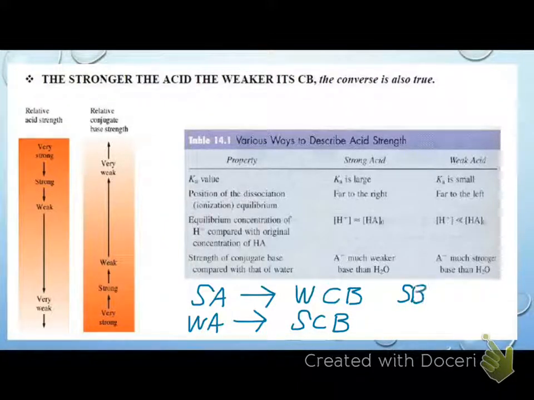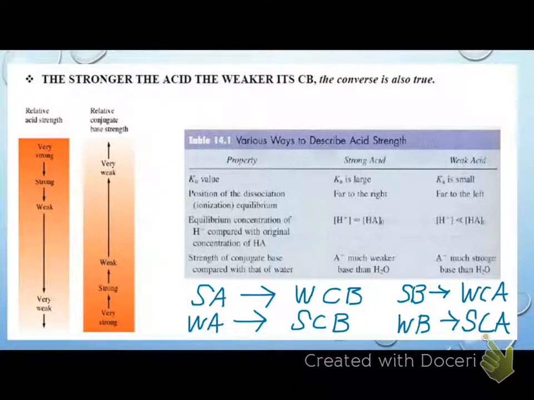A strong base is going to give you a weak conjugate acid, and a weak base is going to give you a strong conjugate acid. Okay, so strong gives you weak, weak gives you strong.